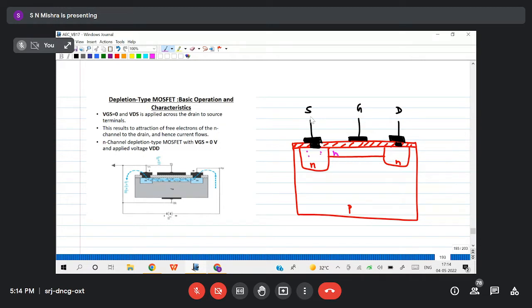So I'll find electrons here, here also I'll find electrons, here also I'll find electrons.